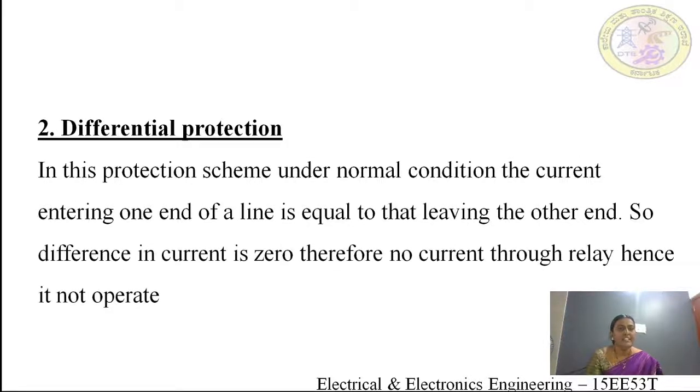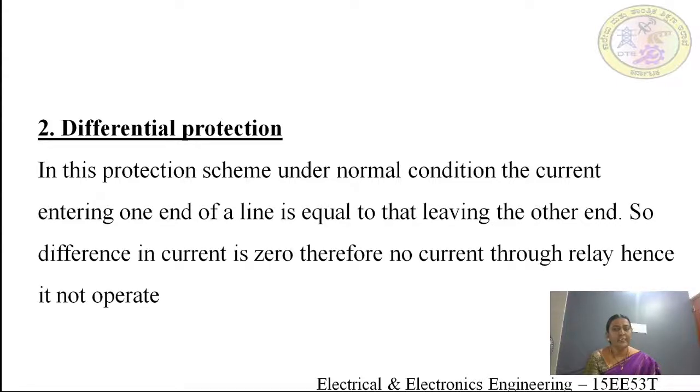Next, the differential protection. In this protection scheme, under normal condition, the current entering one end of the line is equal to that leaving the other end. So the difference in current is zero. Therefore, no current flows through the relay. Hence, it does not operate. Once again, I'll repeat.